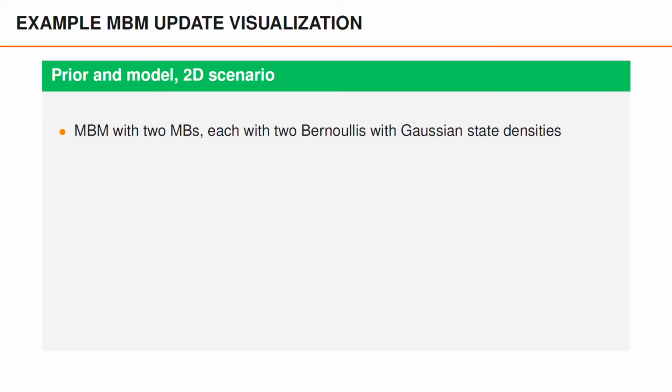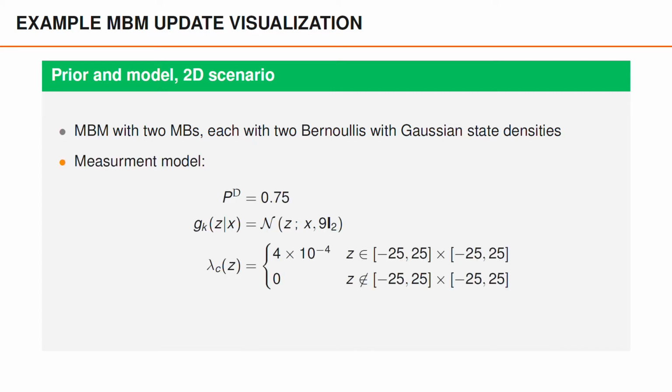Now that we have explained the different parts of the MBM update, we can show an example MBM update. We have a two-dimensional scenario with a prior multi-Bernoulli mixture that has two multi-Bernoullis that each have two Bernoullis, and the Bernoulli state densities are Gaussian. The probability of detection is 0.75.